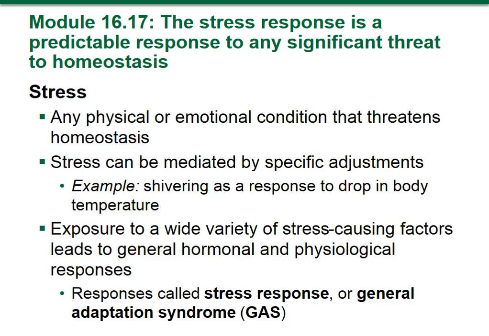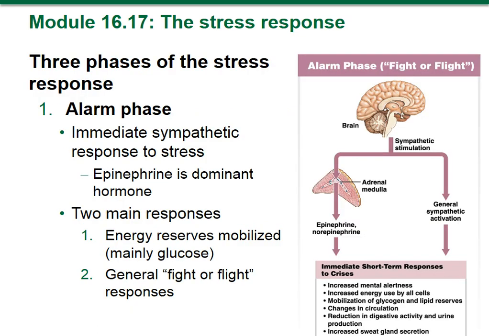So you have a stress response, or general adaptation syndrome. Here are the stages that a person goes through in the stress response. And this isn't just emotional, this is physical also. You have an alarm phase, which is the immediate sympathetic response to the stress.